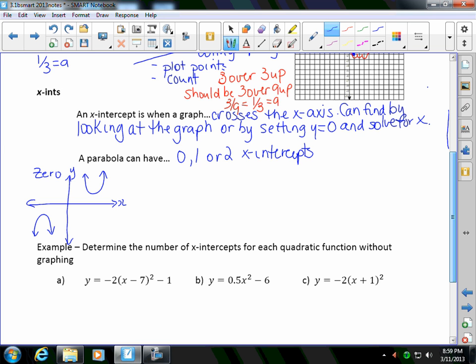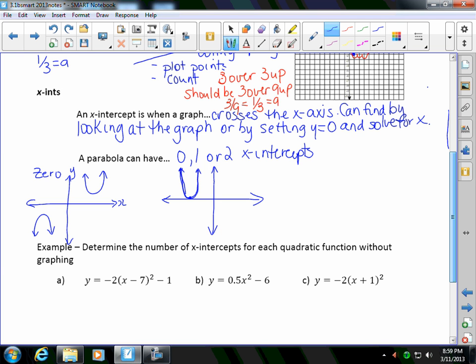To have one x-intercept, that means that your parabola will be touching the x-axis. It'll come down, go right to that, and have that one little spot where it touches.